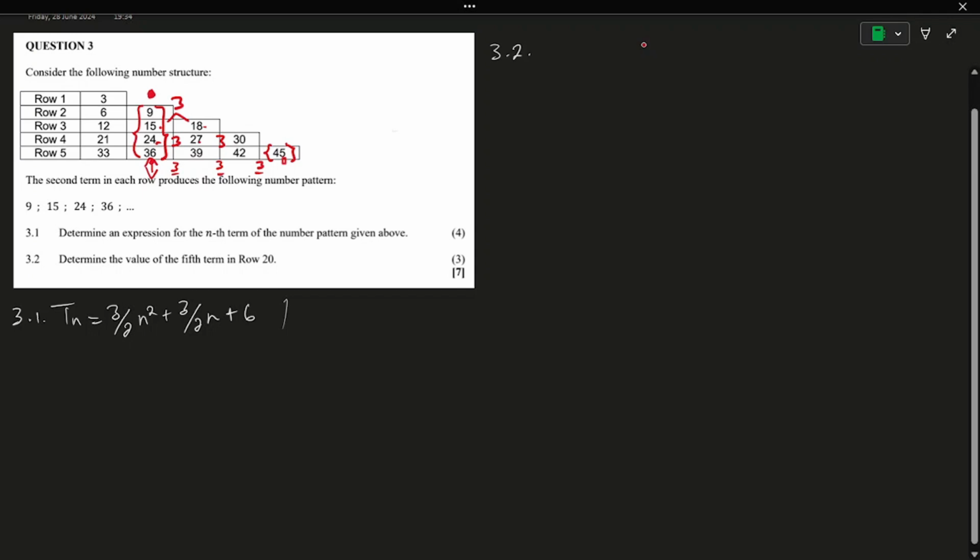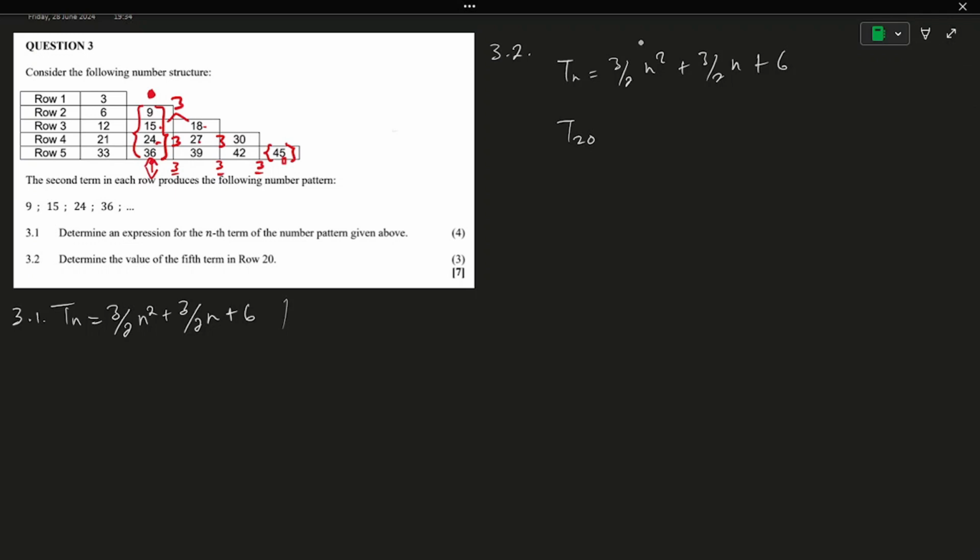So let me write this down. So we have this general formula, Gn being equal to 3 over 2 n squared plus 3 over 2n plus 6. Row 1, we notice that there was no second column. So in other words, we cannot say T20 when we are looking for the term in row 20, right?